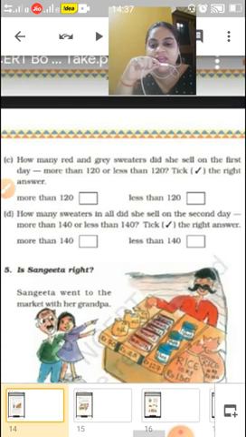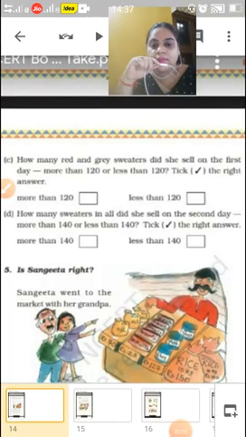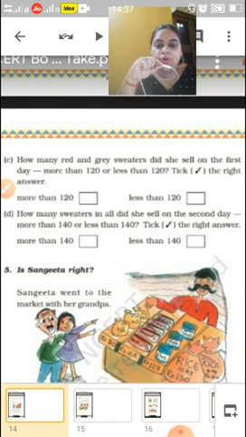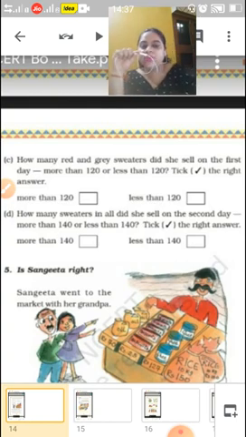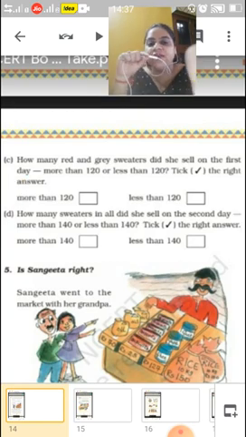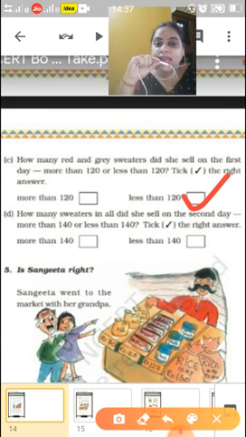Now come to next page. How many red and grey sweaters did she sell on the first day? More than 120 or less than 120? Tick right. So children, our answer is less than 120 because she sold 89 and 78. So it is less than 120.